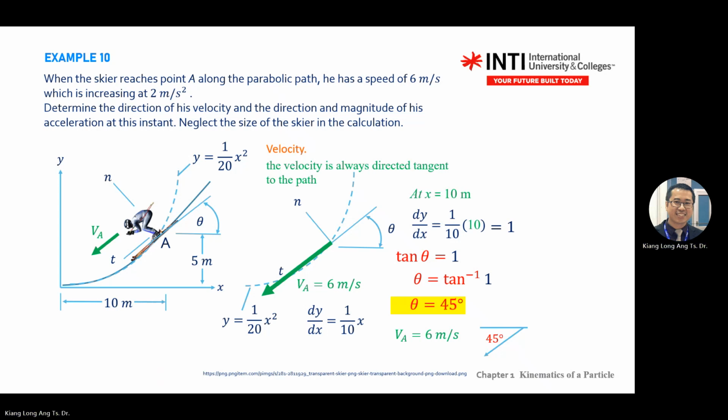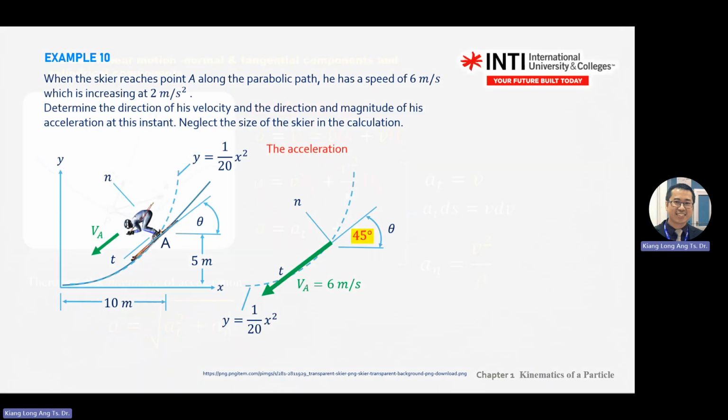It's the same as this presentation. This angle actually is the same as another angle here.